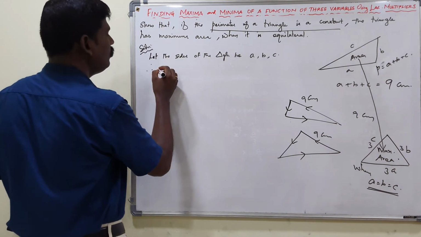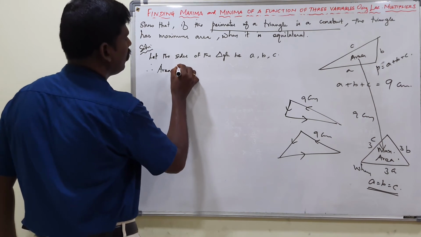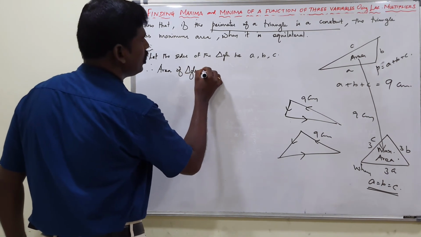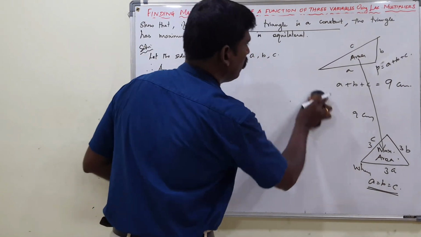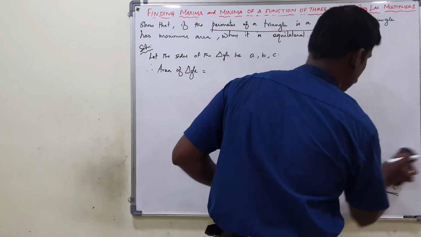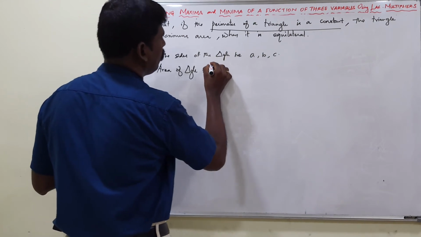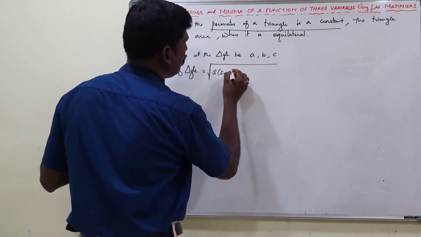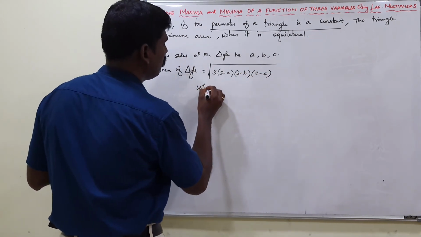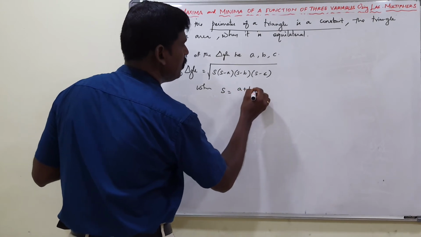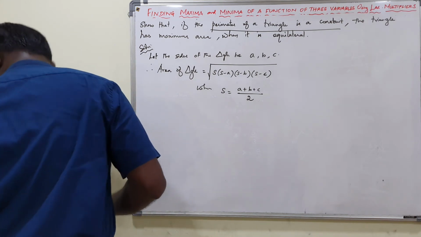Therefore, what is the area of the scalene triangle? Area of the triangle is equal to root of s into s minus a, s minus b, s minus c, where s is equal to what? a plus b plus c by 2, the semi-perimeter. s is called the semi-perimeter, okay?